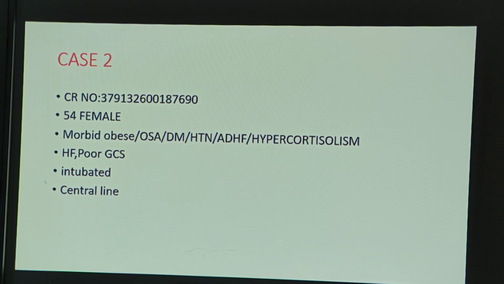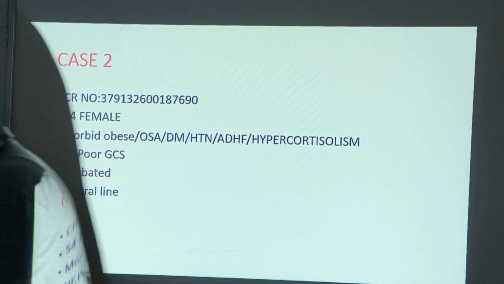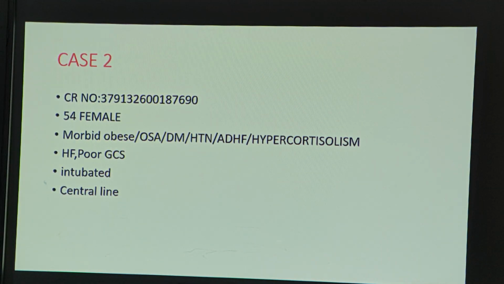Recently the patient was detected to have hypercortisolism from outside, that is, the cortisol level was increased. So they are suspecting some carcinoid or other paraneoplastic syndrome associated with this hypercortisolism. So they are doing the low dose test and high dose test to rule these out.